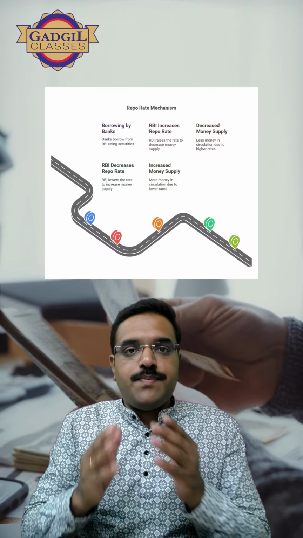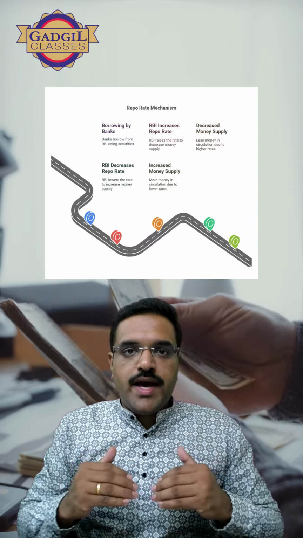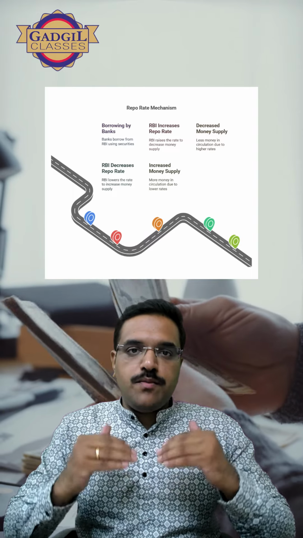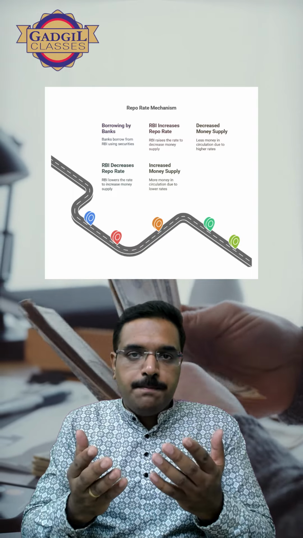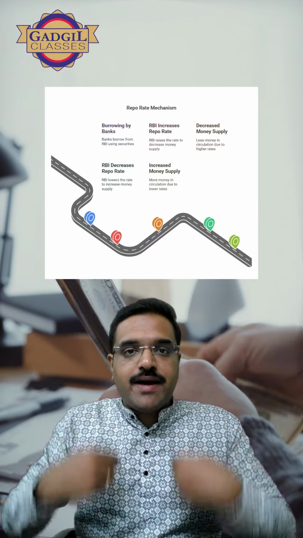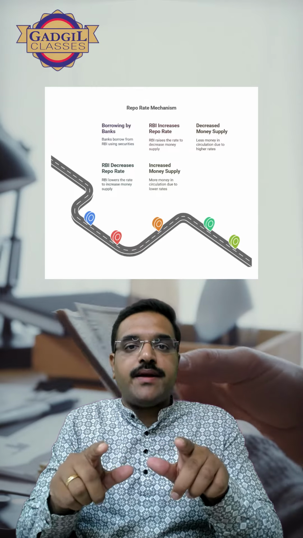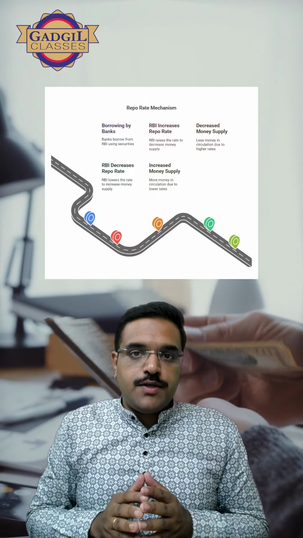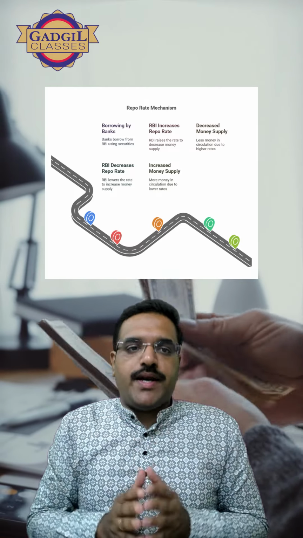So what is repurchase obligation? When I borrow money, I will give my securities to RBI, and at the time of repayment, I will buy back my securities at a predetermined rate. So that is the concept of repo rate.